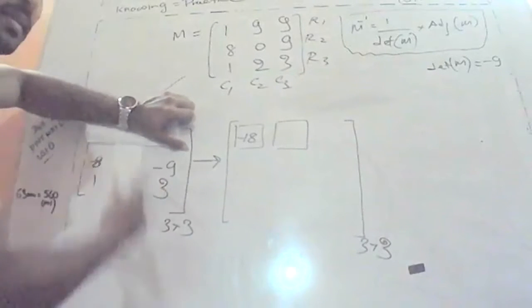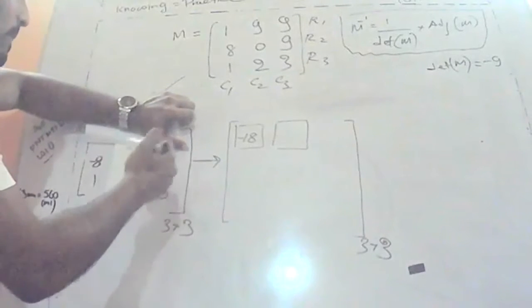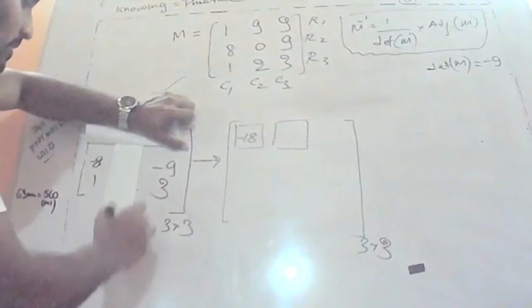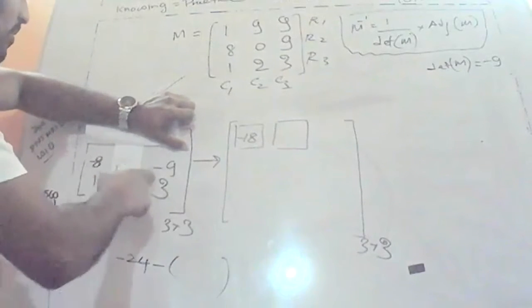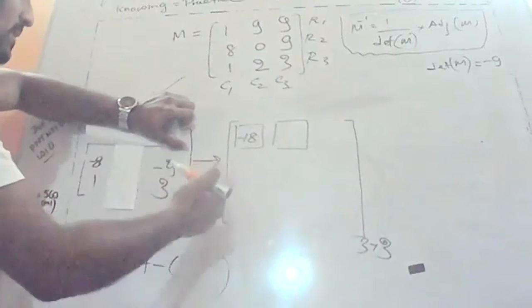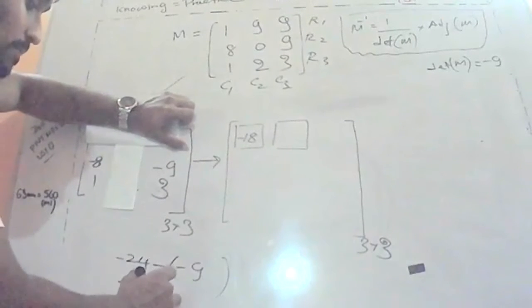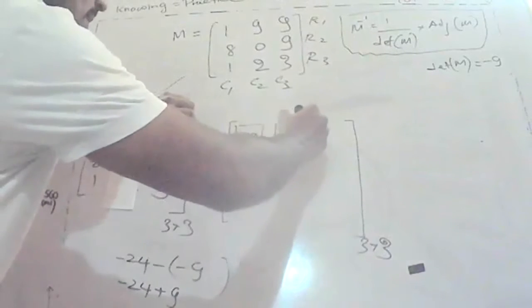So again do the same simplification pattern. This into this is minus 24, minus this into this. This into this is minus 9. So minus minus is positive. So minus 24 plus 9. What would be the answer? Minus 50.